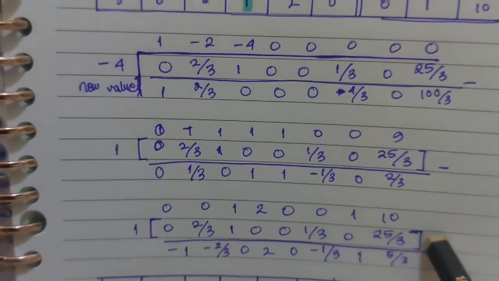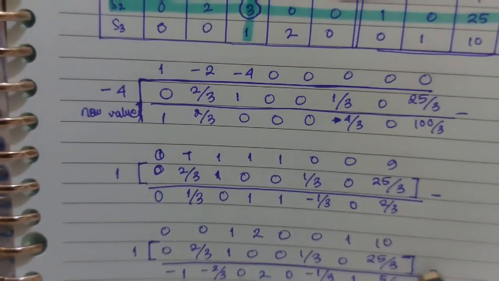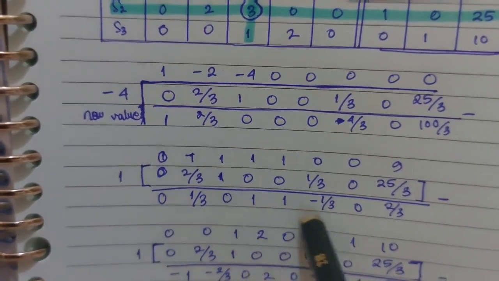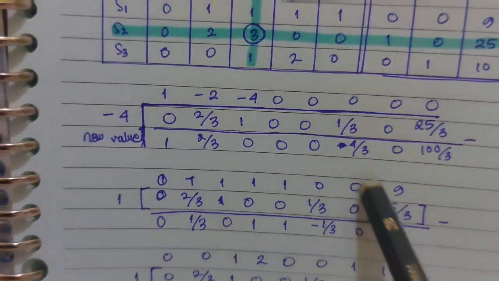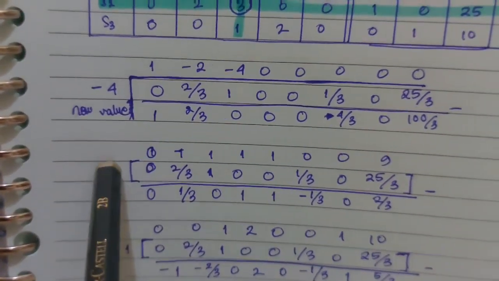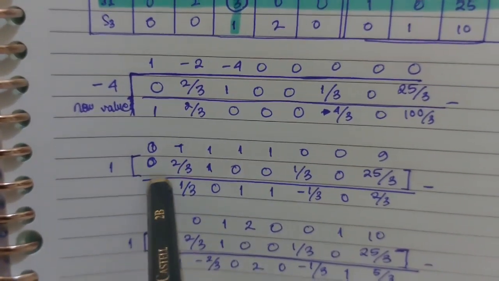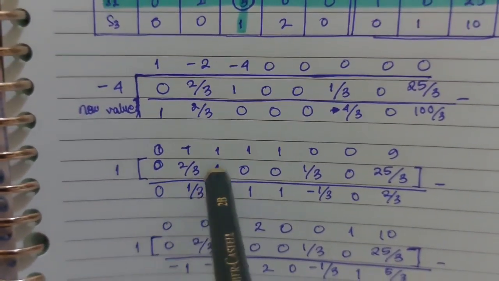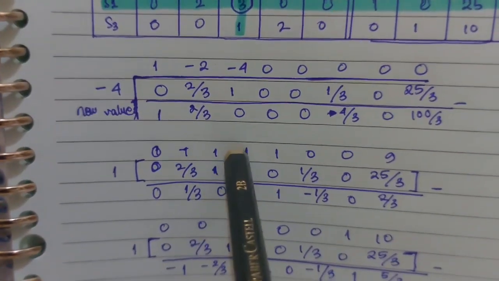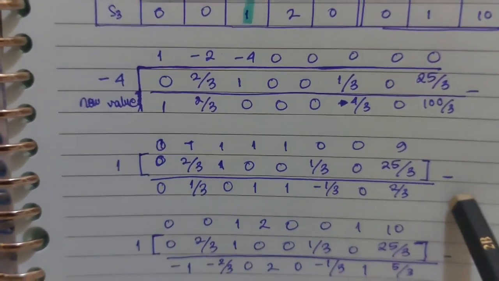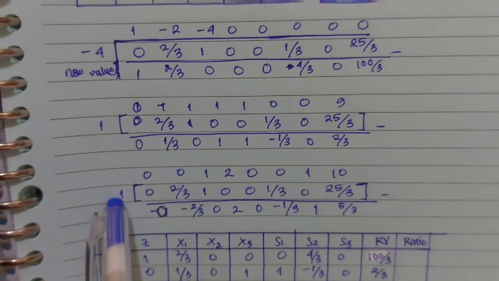It's always the same. Okay, and this is the new value. 1 times 0 is 0, 0 minus 0 is 0, 1 times 1 is 1, 1 minus 1 is 0, and etc.